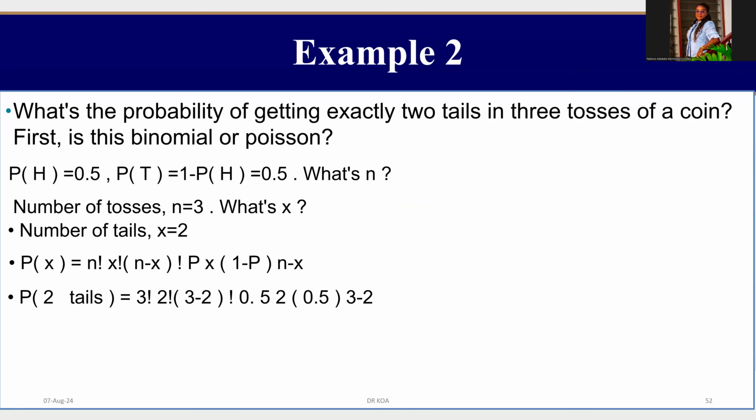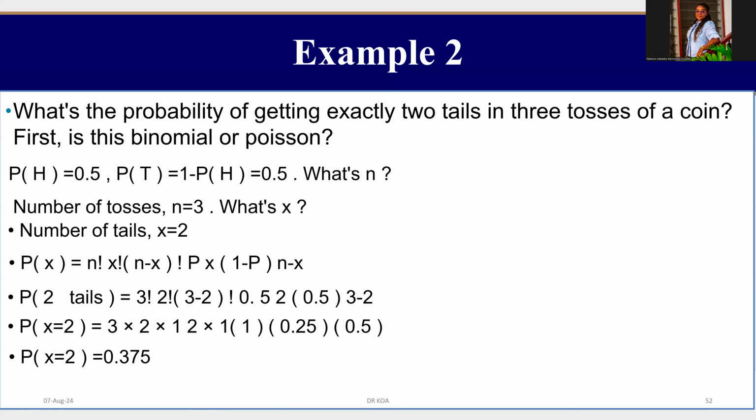So the probability is x equal to 2. You can now calculate the answer, and you will notice you have to sit down and do this. You're going to get 37.5%. So the chance of getting exactly 2 tails if you throw the coin 3 times is 37.5%. That's it.